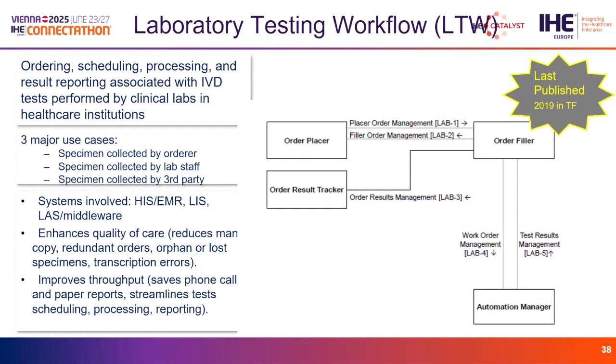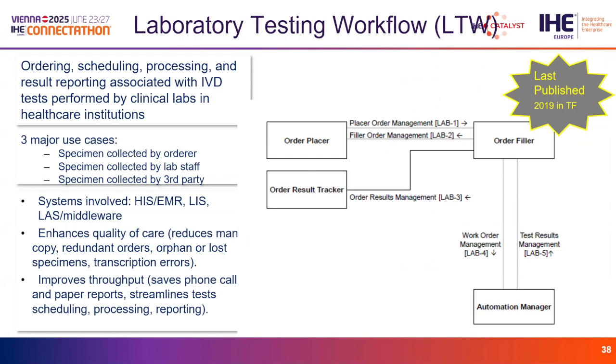And laboratory testing workflow transactions deal with, for example, ordering of some tests. So how many specimens are needed for this order. And then the transfer of the information to the automation manager, which is the boundary to the in vitro testing profile, which is mainly the laboratory analytical workflow profile.